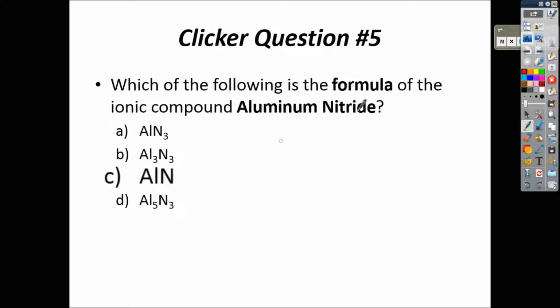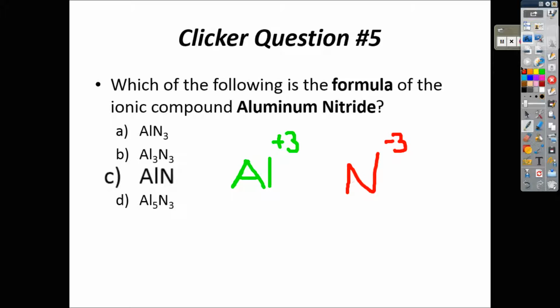All right. So aluminum, this is about to get real ugly. All right. Aluminum is your cation, and on the periodic table, aluminum is +3. Nitride comes from nitrogen, N-3.